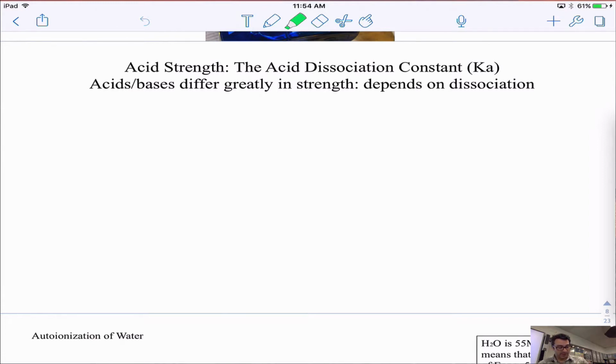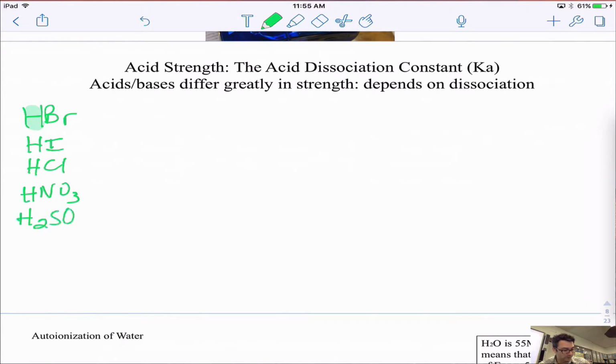For example, if I were to take one of the strong acids, and there are 7 of them, the 7 strong acids are HBr, HI, HCl, HNO3, H2SO4, HClO3, and HClO4.